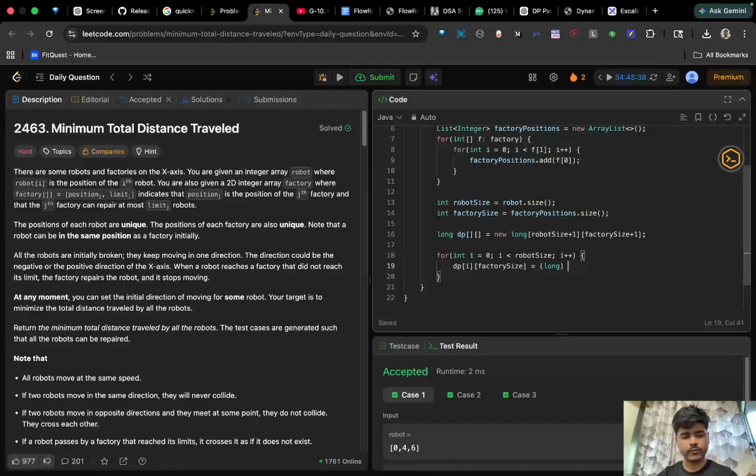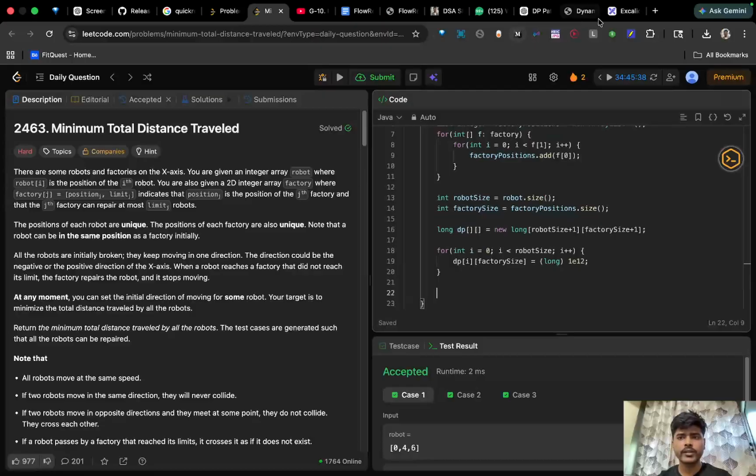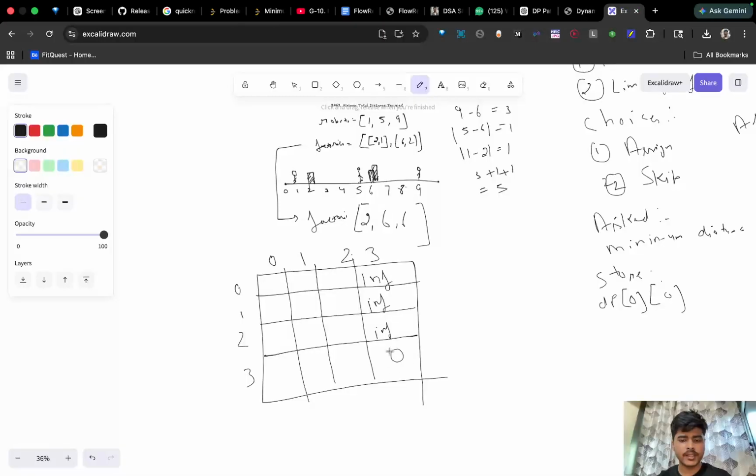So I'll be writing a very large number here, 1e12, to represent infinity, and I have filled this dp now. One thing to notice is that this cell is still 0, and these cells are also 0; these are base states. We have filled the last row and last column as our base case. Now we can start filling our dp table further, because our future states are now defined perfectly.